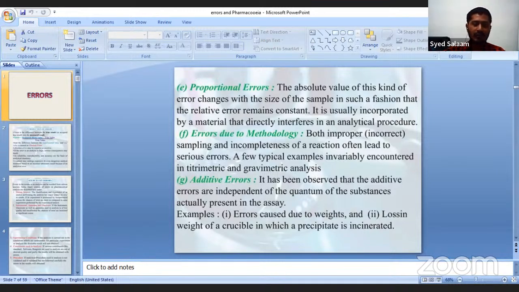For example, you have a procedure for a batch of 250 ml. A conical flask has to be taken and 10 grams of reagent added. But instead of that, you're taking a lesser sample, only 0.2 grams, and accordingly you have decreased all the reagents. So there is a chance that you might get a little error based on decreasing the size of the sample.